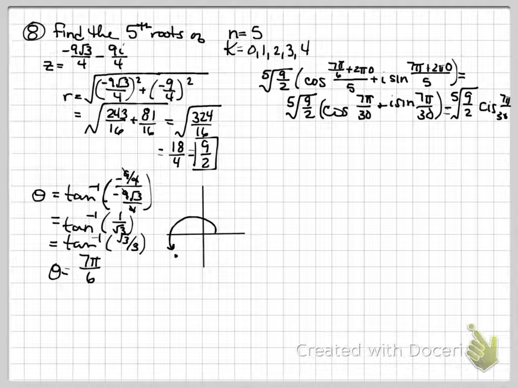Let's do the next one. Fifth root of 9 over 2 times our cosine of 7 pi over 6 plus 2 pi, this time k is 1, over 5.